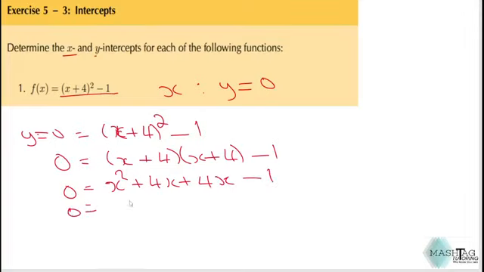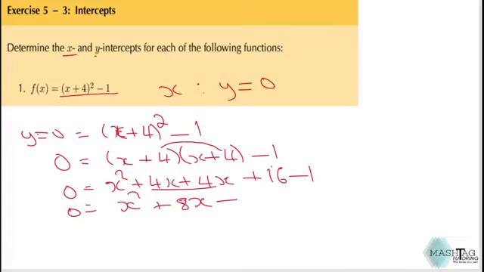Looking at the like terms, we have x squared, plus 8x. We missed this one here, so it's 4 times 4, which is 16. So it's plus 16 minus 1.